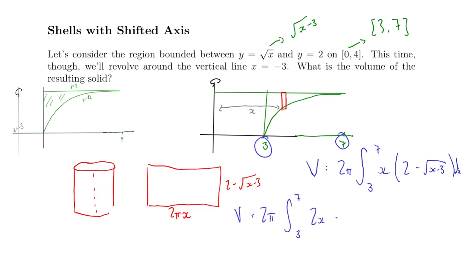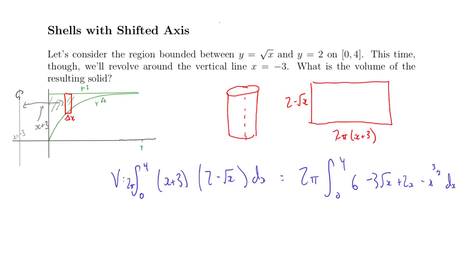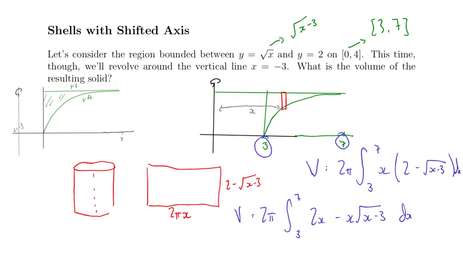This is 2x minus x root x minus 3. Notice that this is a little bit of a more annoying integral to deal with. We can split things up and do some u substitution, and it'll work out okay. But this is a trickier one in this case. So maybe it's easier to do the other version of it. But we've got either of these paradigms.